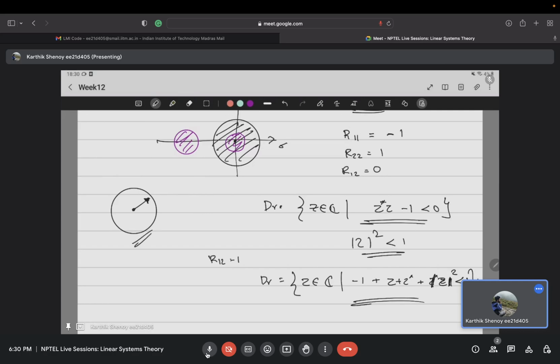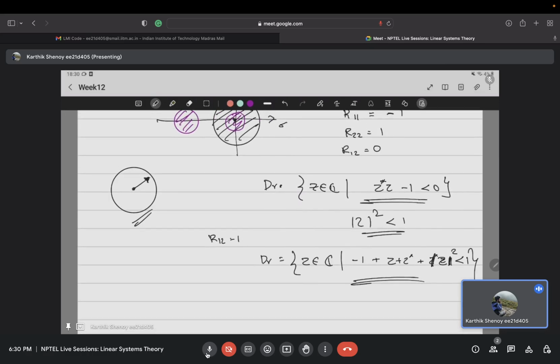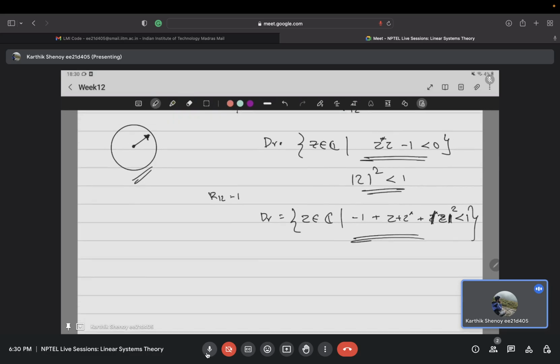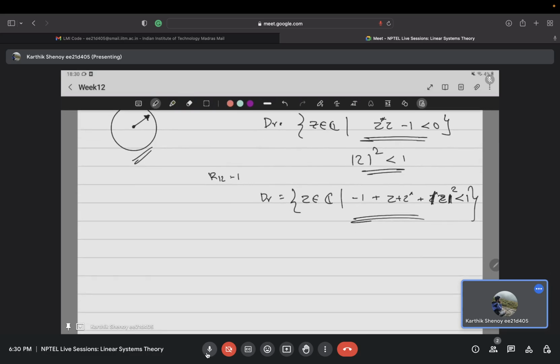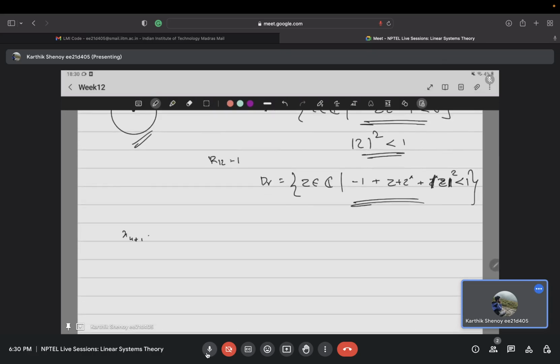If you place them all at the origin, then the system response will decay to 0 in one step, because x k plus 1 equals 0 times x k, which means x k plus 1 will go to 0.